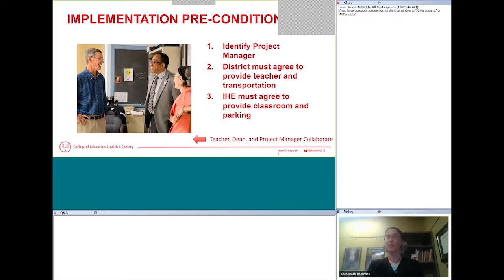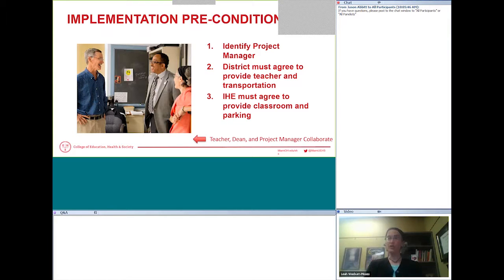So these preconditions are absolutely essential to establish before you are ready to do anything. This is really the initial planning step. We identified these three preconditions, and if you have them right at the beginning, you'll have a really solid foundation to get this going.